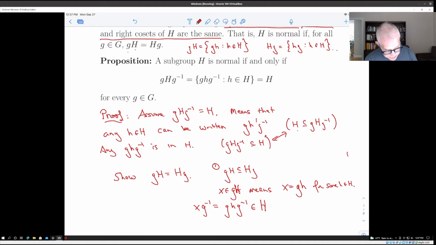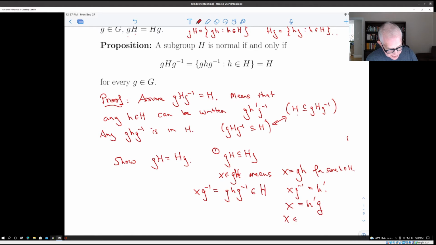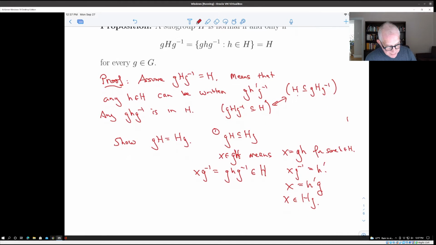So let's call that h', and we get that xg inverse equals h'. And then you see that x is equal to h'g, which implies that x is an element of Hg. So we were able to move the g to the other side, at the cost of changing h to h'.